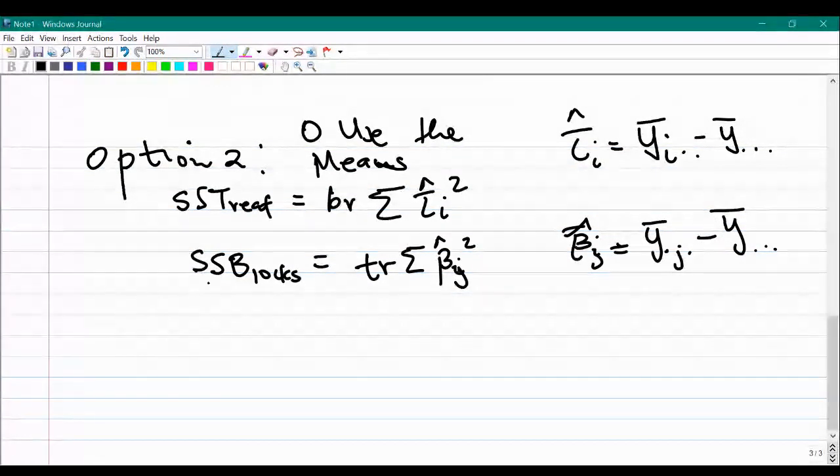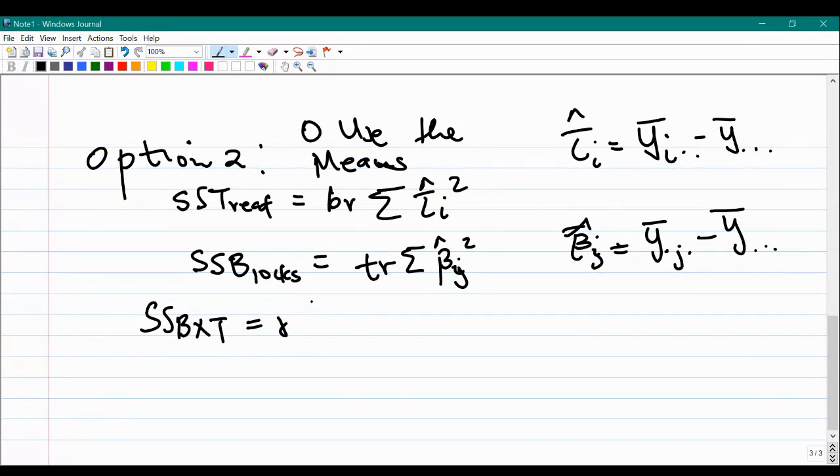The one that is time consuming is SSAB by T. This one, if you use the means, is time consuming. So I will advise you that if you want to find block by treatment, you need the totals. But I can give you the formula to do this.